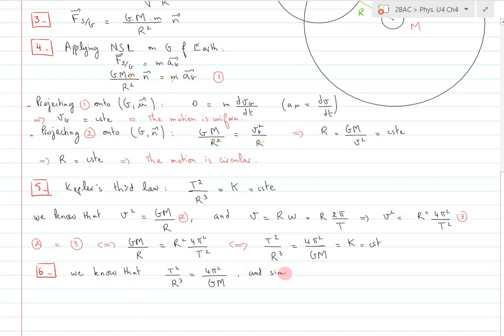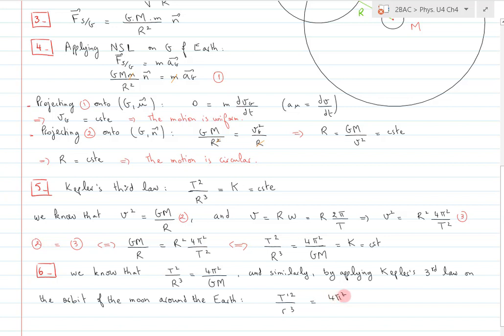Similarly, by applying it, in this case it's T prime square over small r to the power 3 is equal to 4 pi square over Gm. In this case m is the mass of the Earth. We are going to name this equation 5 and this equation 4.